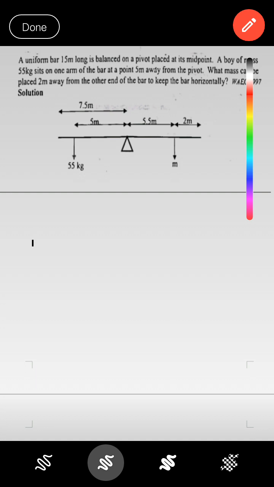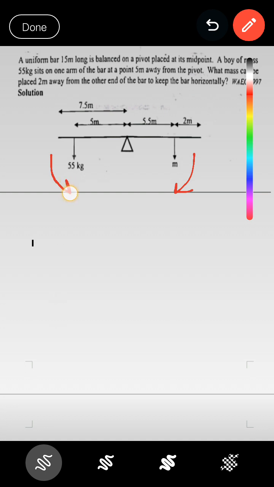So M will exert a force which will go like this, that is the clockwise direction. While the mass 55 kg will exert a force which will go in the anti-clockwise direction.